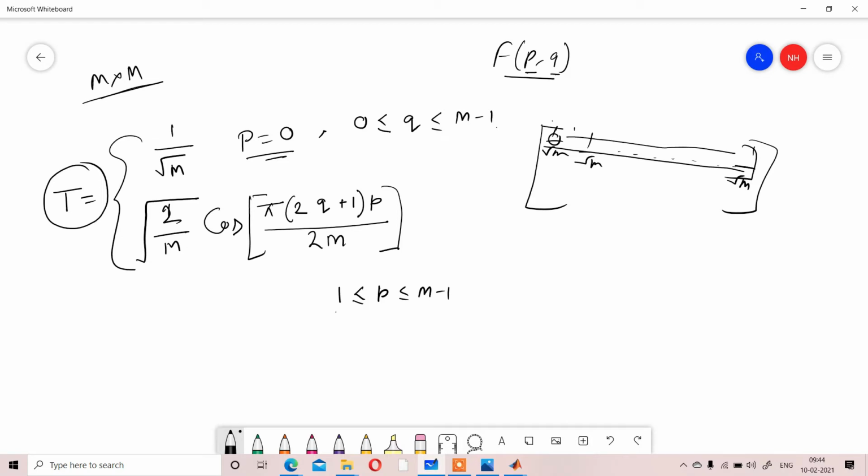So p will vary from 1 to m minus 1. For each value of p, q will vary from 0 to m minus 1. Except for the first row, all the values of the matrix will be defined by the value root of 2 by m cos of that value.